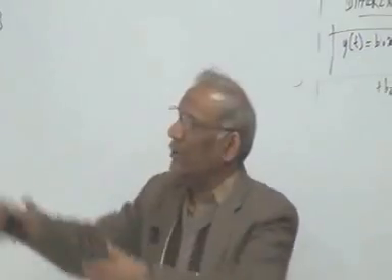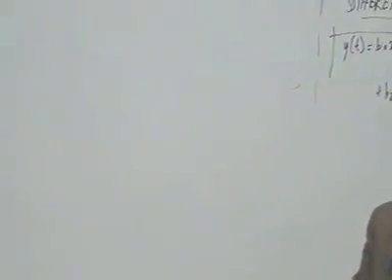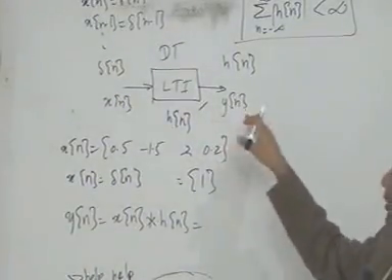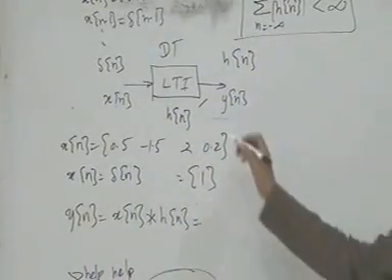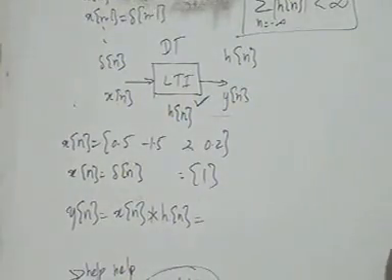So what we actually learned here is how to use MATLAB to find out output for any given input in case impulse response is given or difference equation is given. So if you are given a discrete time system and we want to find out output, either h of n should be given to us or the difference equation should be given to us.